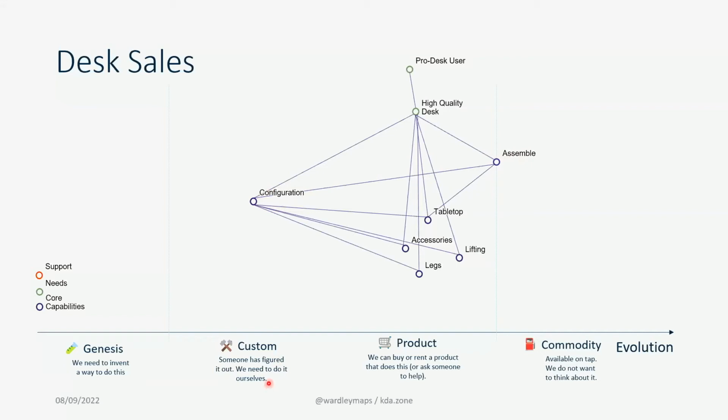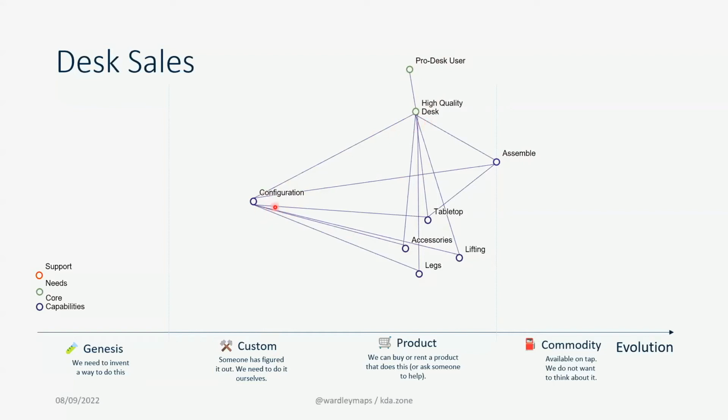Configuration is in the custom space because it's the most difficult capability in this particular business. If the customer chooses a particular tabletop, accessories, legs, and lifting, will those things work together, and will they deliver the value to the user?